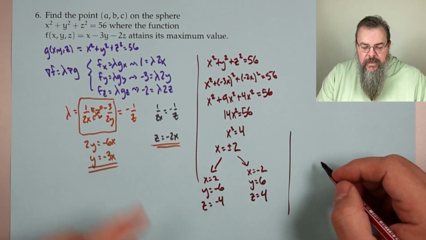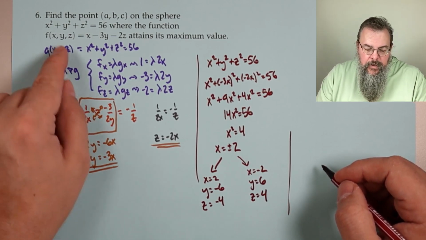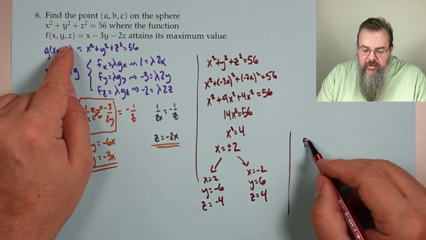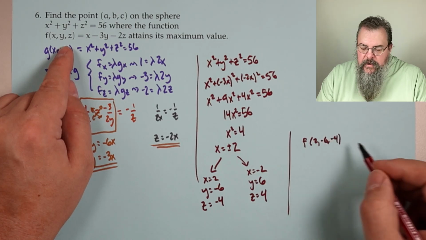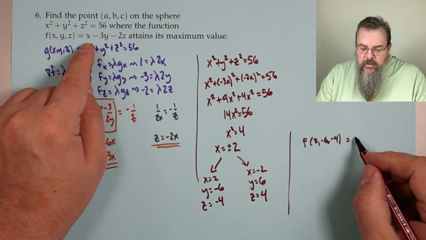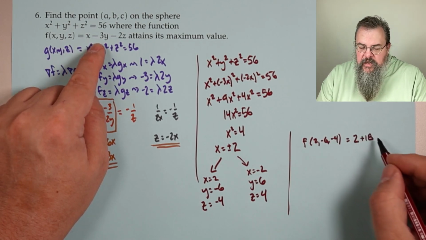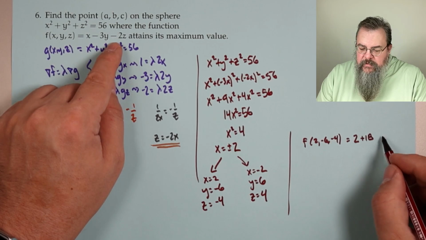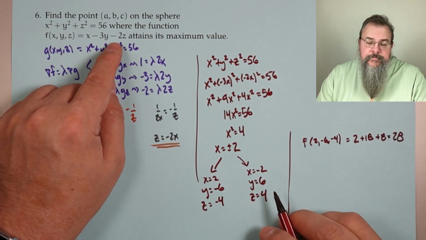So we have two candidate points, and we'll test both of them. So when we plug in 2, negative 6, and negative 4, what do we get? Well, we get 2. Negative 3 times negative 6 is plus 18. And negative 2 times negative 4 is plus 8, which would give us 28.